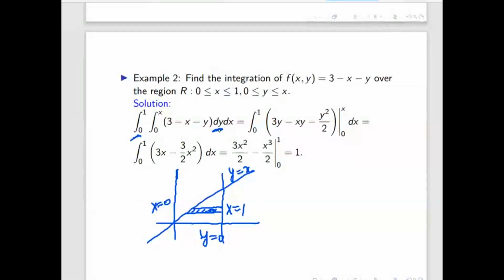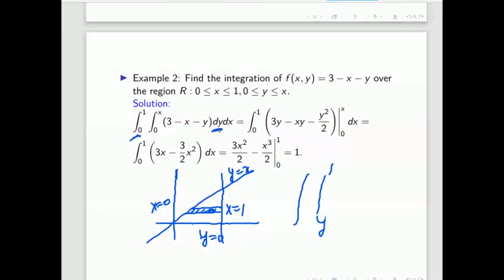Now the limit of x will start from y, it will go up to 1. It will start from y, it will go up to 1. And then we'll move this from bottom to top. So now it is dx dy, and this is 0 to 1.